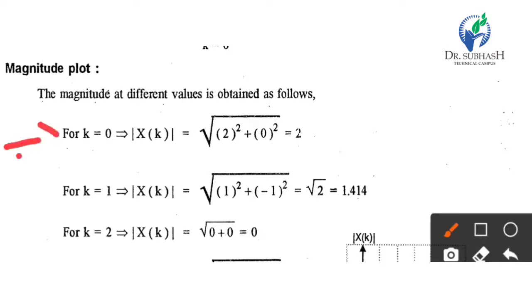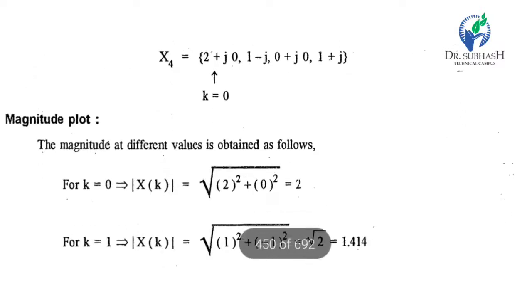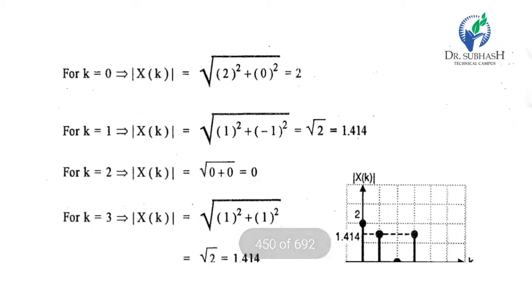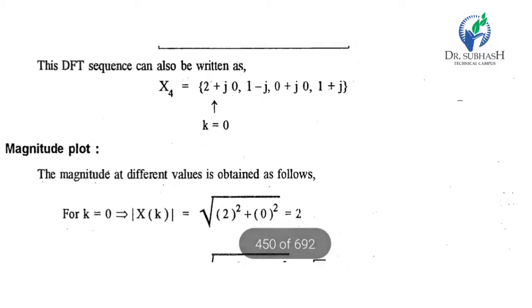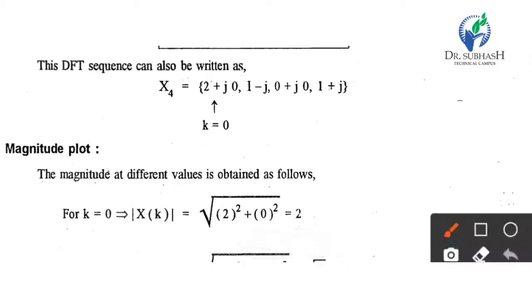So for k equal to 0, it means under root 2 square plus 0 square. We have to check the first term, k equal to 0. This term is k equal to 1, this term is k equal to 2, this term is k equal to 3. Individually we take the square root of the square of the real part plus the square of the imaginary part.